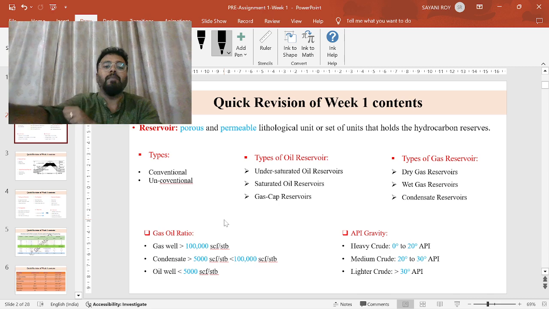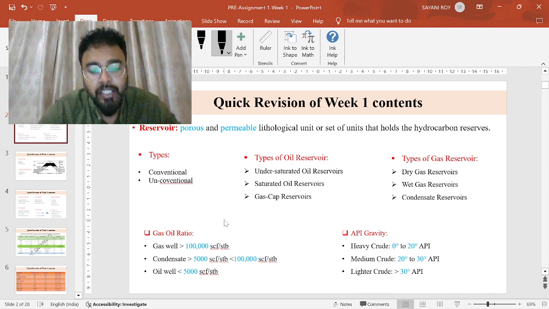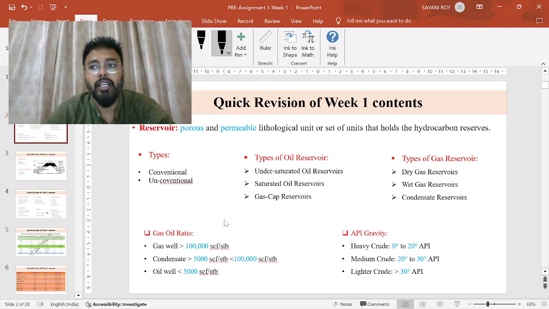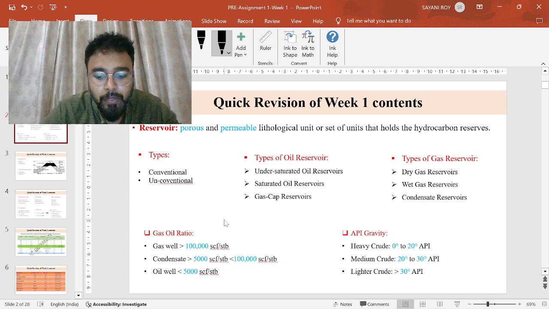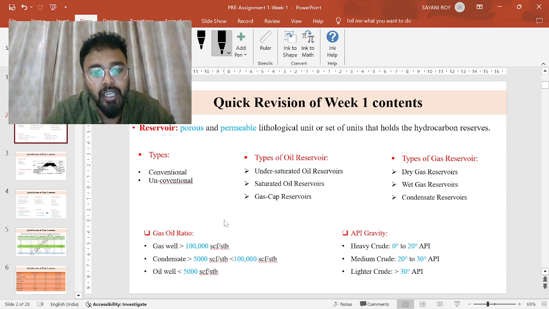And permeability, as Vishal explained, is the interconnection of the pores. You can also say it is the path through which the fluid flows. There are some pores which are not connected to any other pores, and again there are some pores which are connected to other pores.